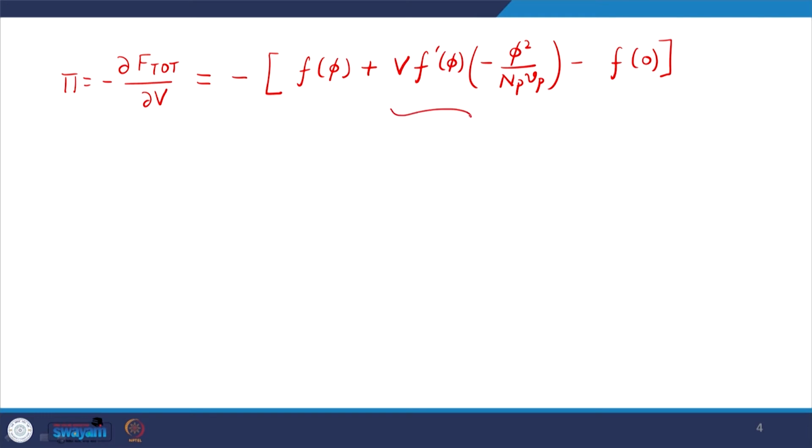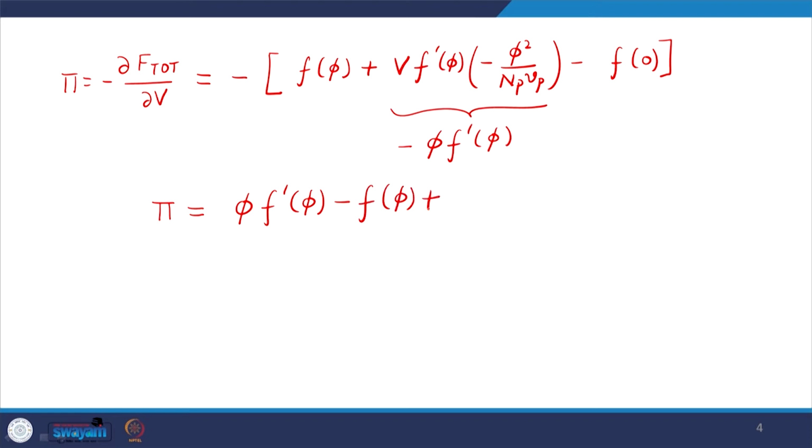So, if I look at this quantity, we can notice that N_p V_p by capital V is still phi. So, one of the phi will cancel, and so we can write this as minus phi f prime phi, and therefore, I can write my pi as phi f prime phi minus f of phi plus f of 0.